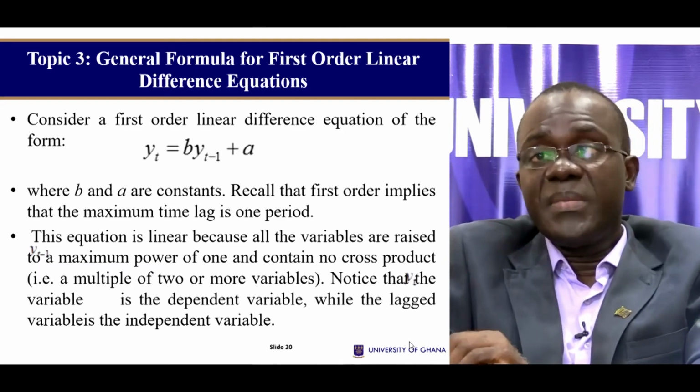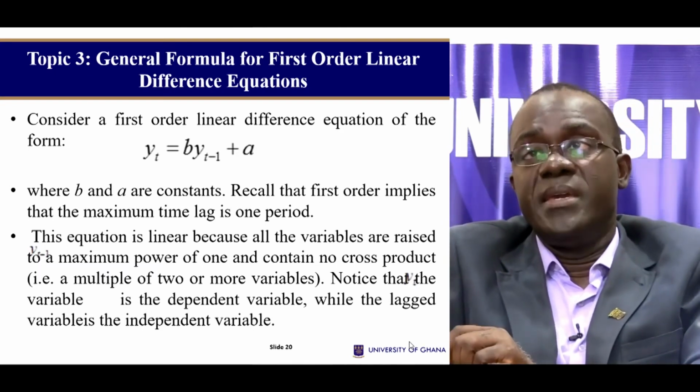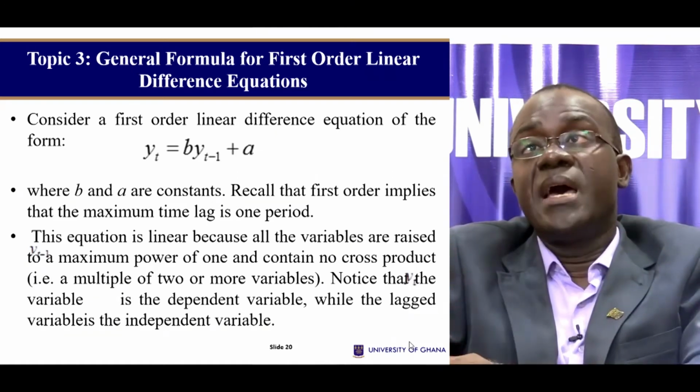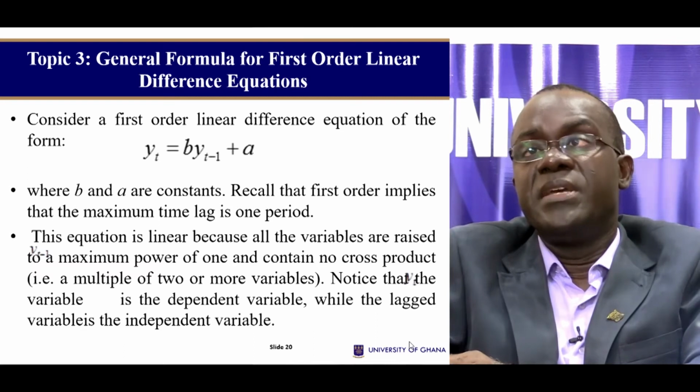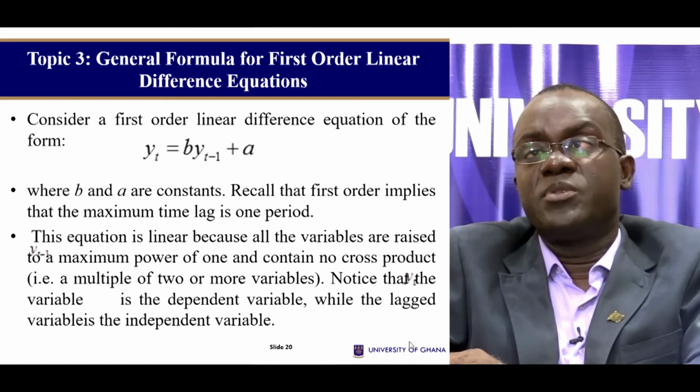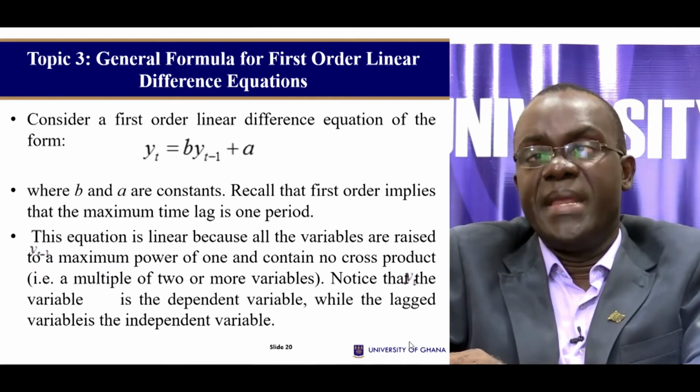Now, let me come straight to the general solution for the first order linear difference equation. When you talk about a first order linear difference equation, it is of the form that we see here, where b is a constant and a is a constant. So you see, the variable yt is expressed in terms of the variable yt minus 1.